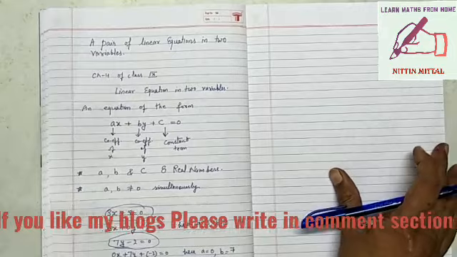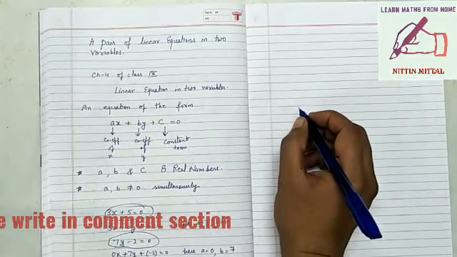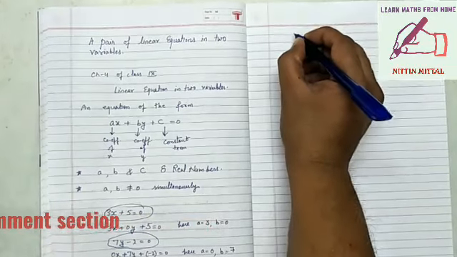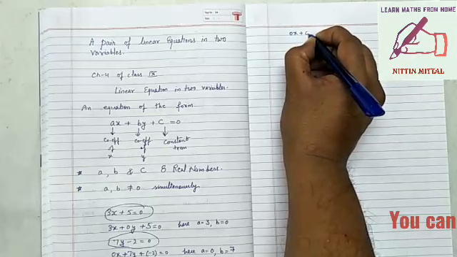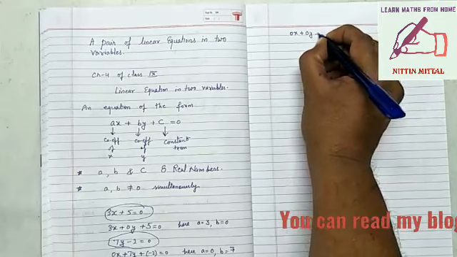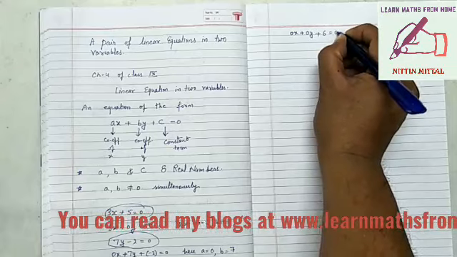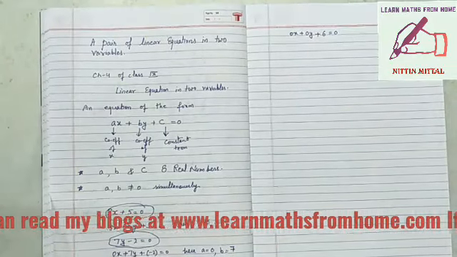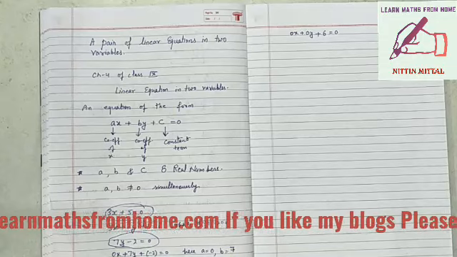Now think, what will happen if I write 0x plus 0y plus anything, say 6 equal to 0? Is it an equation? No, it is not an equation. Why?